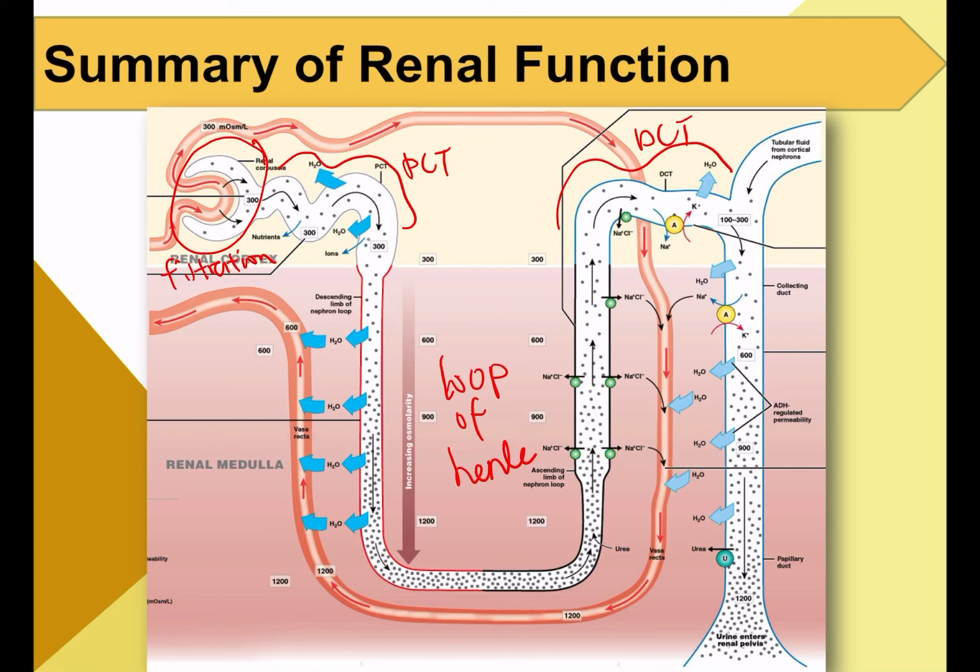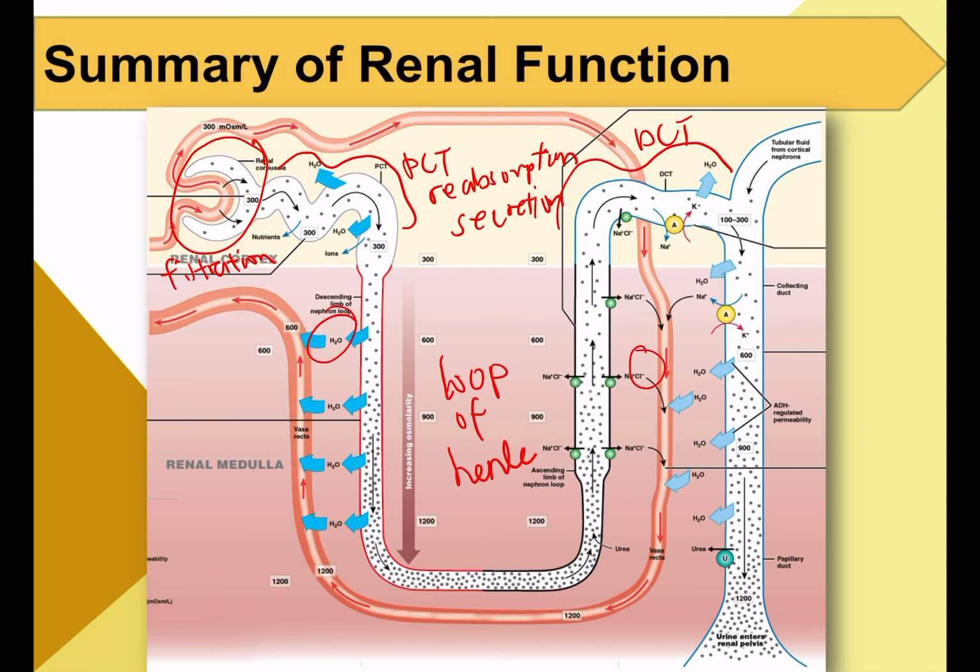And in the PCT and DCT, you have reabsorption and secretion of stuff, okay? Reabsorption of essential ions like hydrogen ions, sodium, chloride, all those things we talked about, and glucose. And then you have the loop of Henle, which only involves water and sodium chloride.